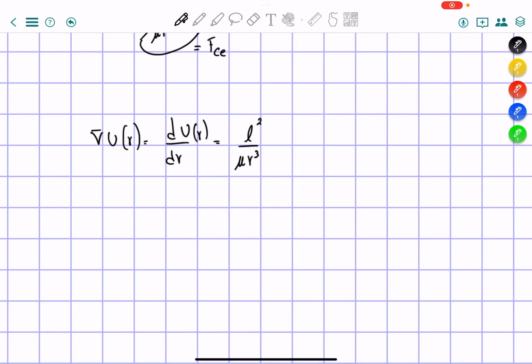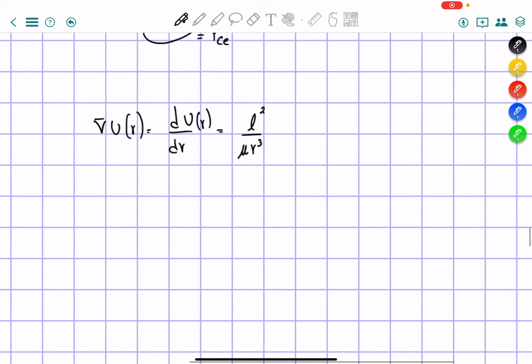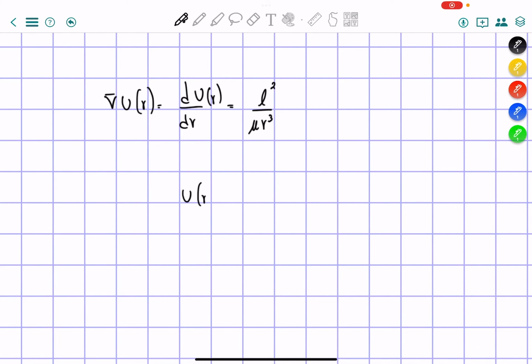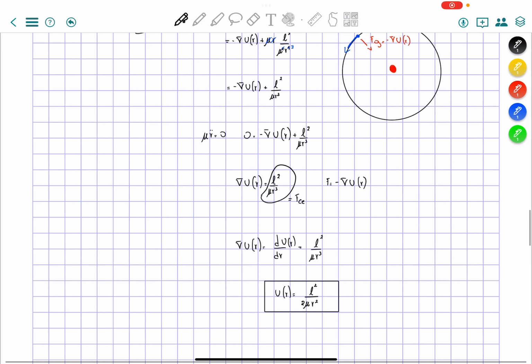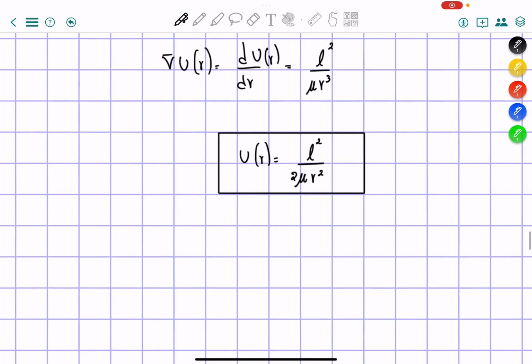If we want to get rid of the du over dr, we have to integrate both sides, and on the left we get u of r, and on the right we get L squared over 2 mu r squared. As you can see, it is a pretty clever way to obtain our force, our attraction force, which would be almost the gravitational force.